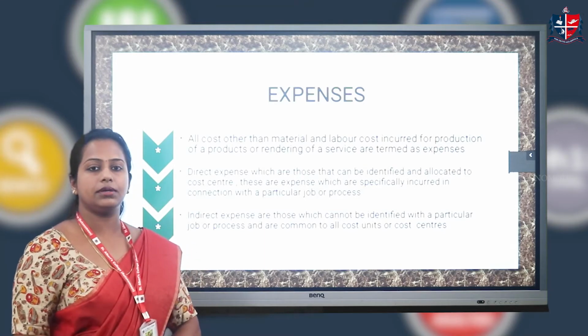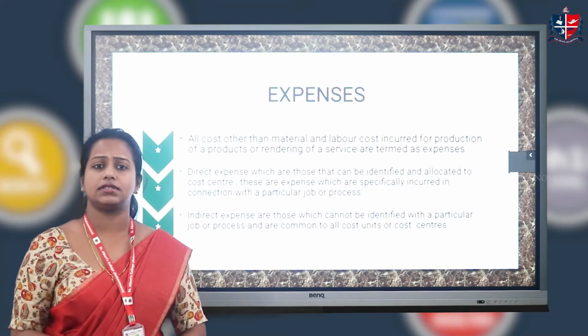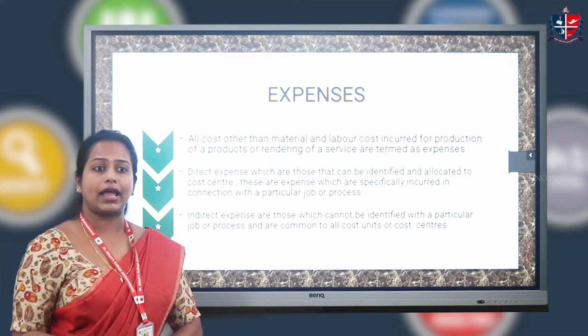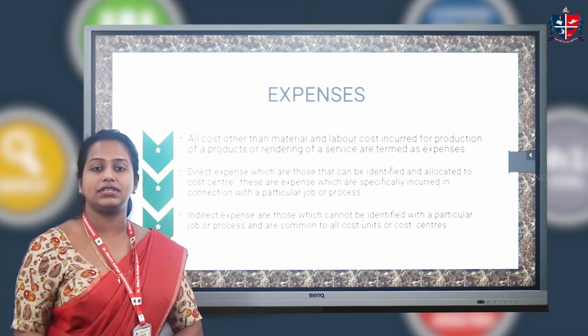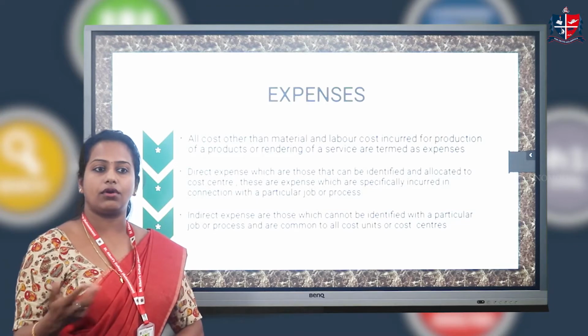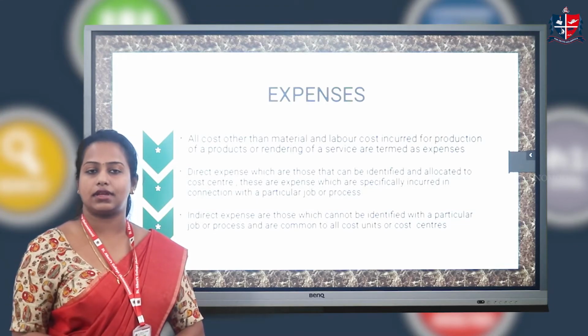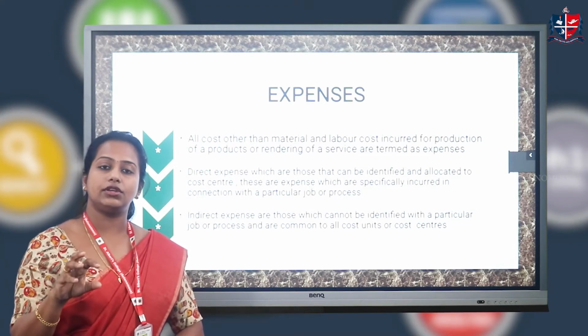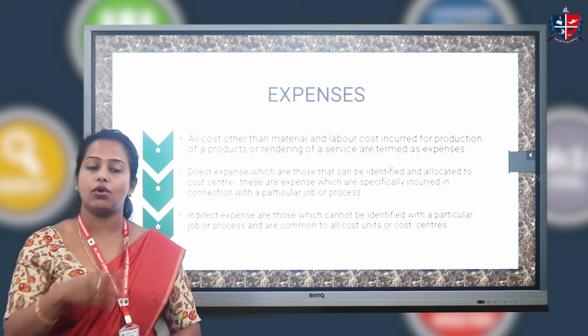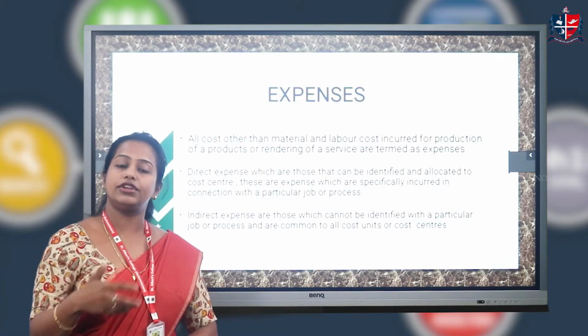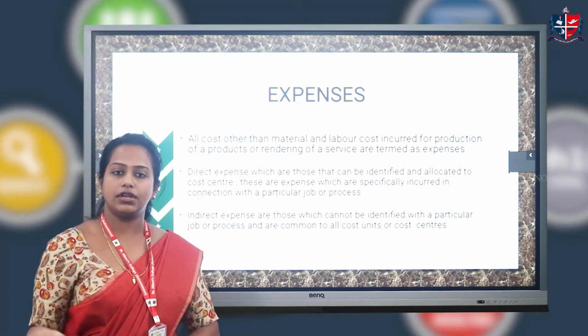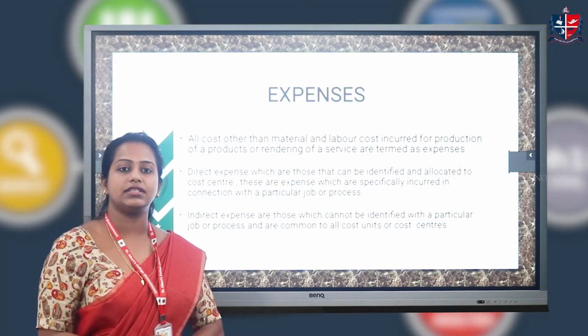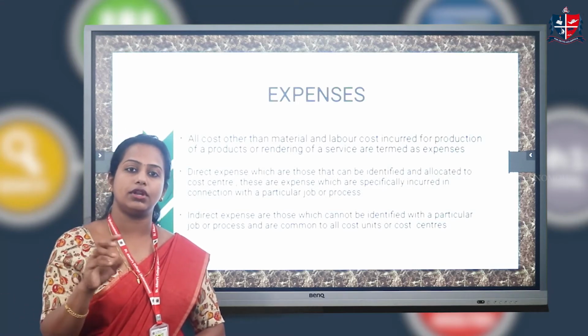Unlike direct expenses, the light expenses or electricity charges come under indirect expenses, because they are incurred for the production of the whole process or for different products in a factory, an office, or a construction site. They don't make only one product.